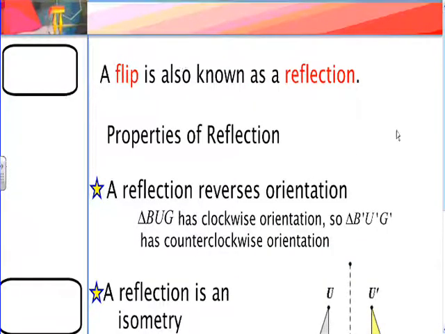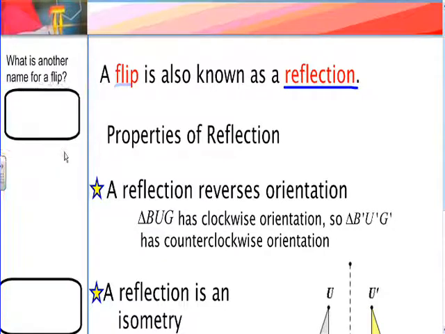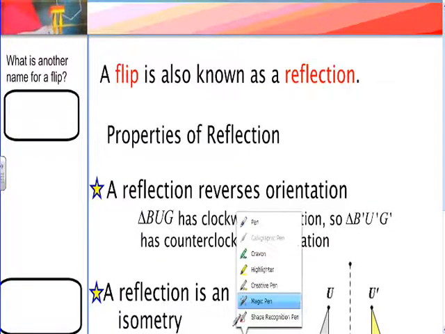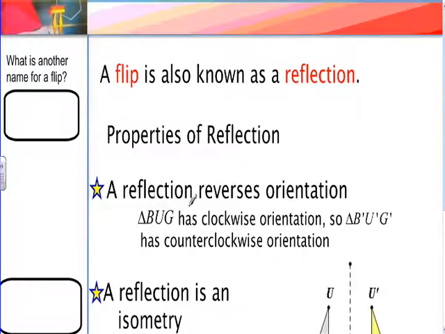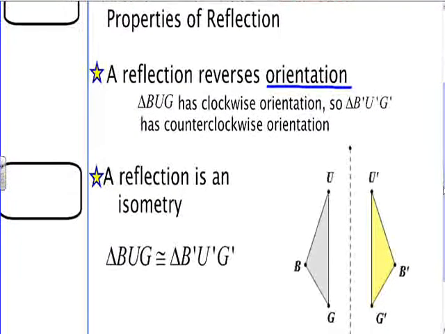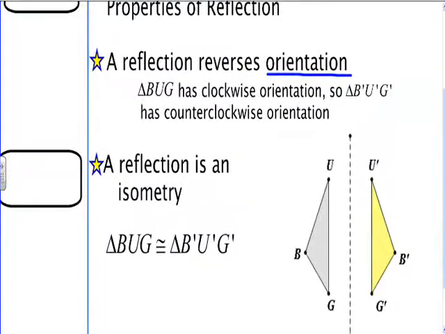All right, I specifically want to talk about reflections in this lesson. Another way we describe a reflection is a flip. You're just flipping something over. Another name for a flip is a reflection. Now there are a few properties of reflections. The first property is that a reflection reverses orientation. What I mean by orientation is the order that the points occur in. I think this is easiest to describe with an example.